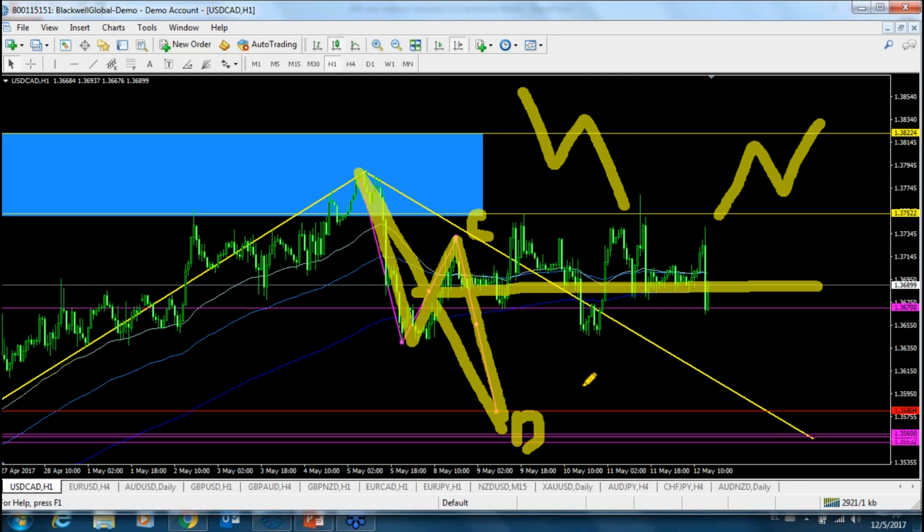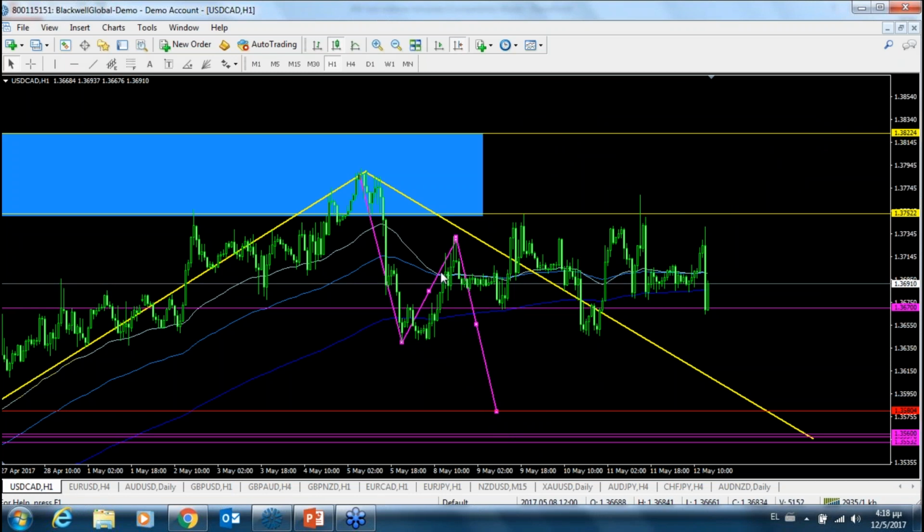So now let's evaluate this as a potential sell trade idea for the USD CAD. How do we go about it? So we'll start from scratch here. All right. Now I've got that drawn already, let's say earlier on, I mean, way before all these movements have actually happened. But I'm still sticking to my guns, saying that there is a potential of prices coming to this area here. But where do I actually start trading or look into a trading zone or area?